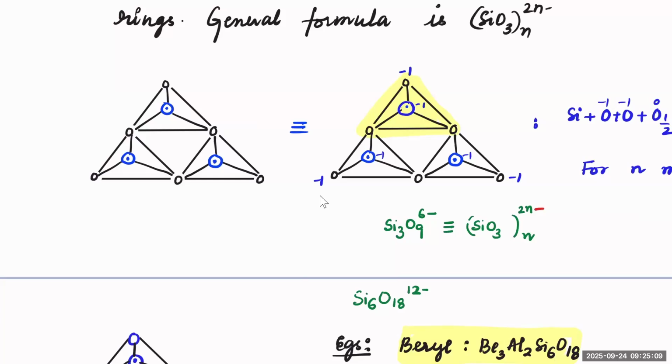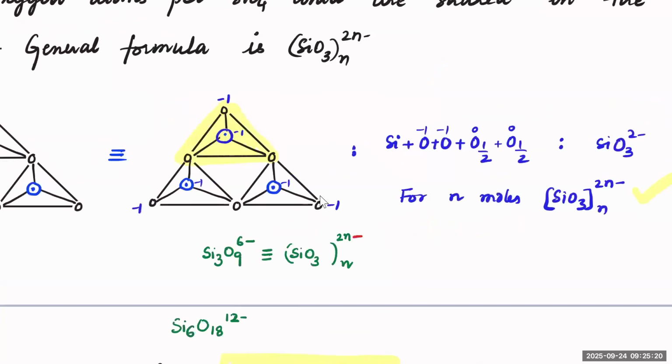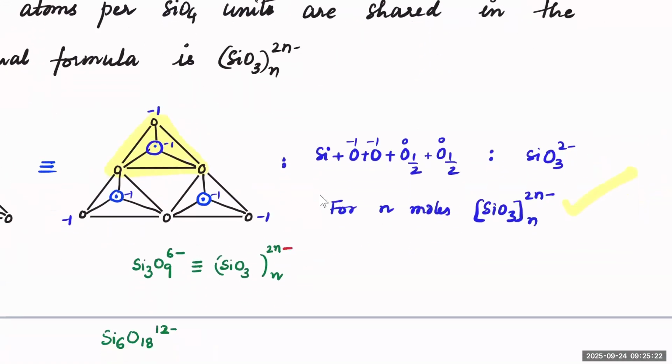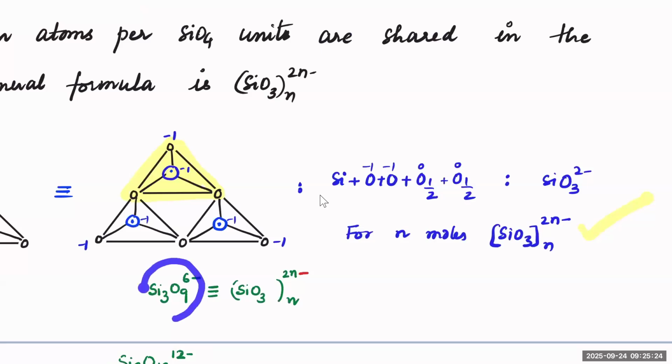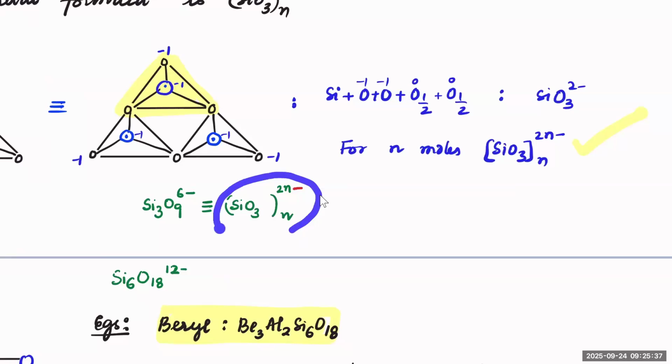And now the top oxygen is open. This is open, this is open, while this is open, and this is open. So that's how you got Si3O9 6 minus. If I take the commonality here, 3 can come common, so you can get it as (SiO3)n 2n minus.